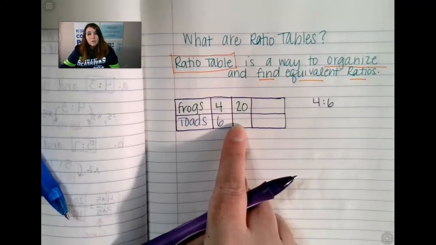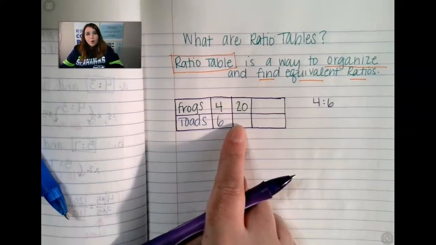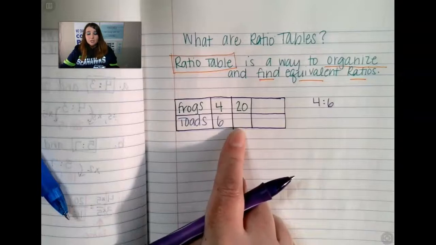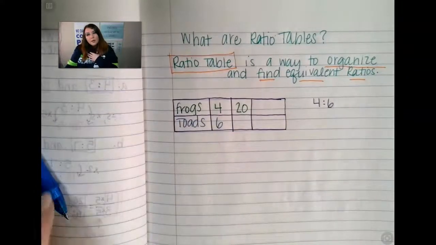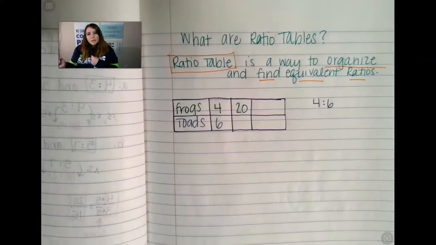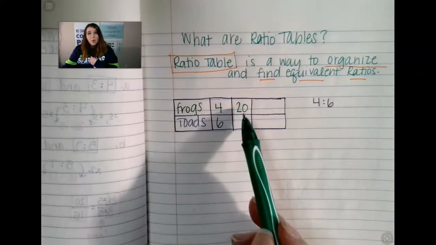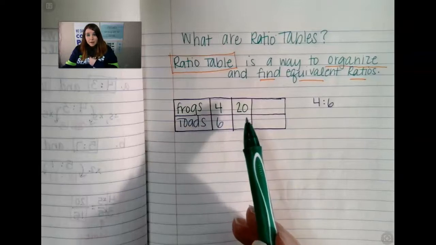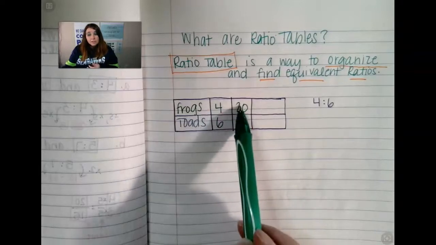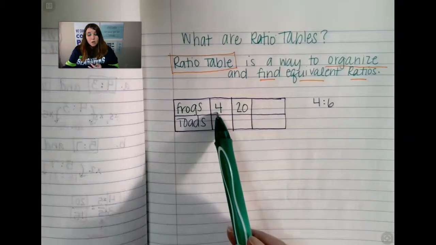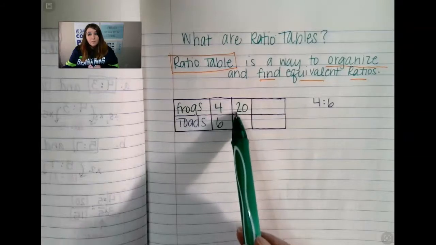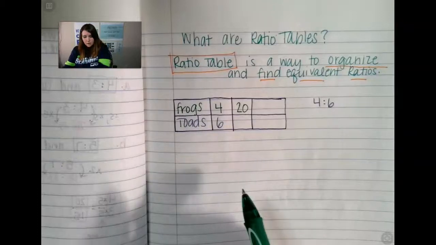We can do this either by using multiplication or division. We call this the multiplicative relationship because we're going to see what's the relationship between 4 and 20 when I multiply. So I can work backwards and say 20 divided by 4, or I can multiply forward and say 4 times what gives me 20.